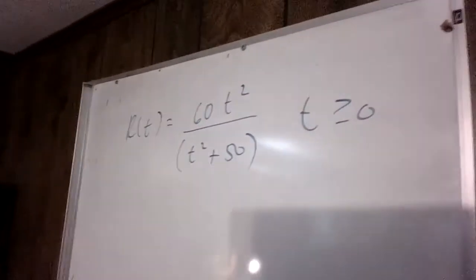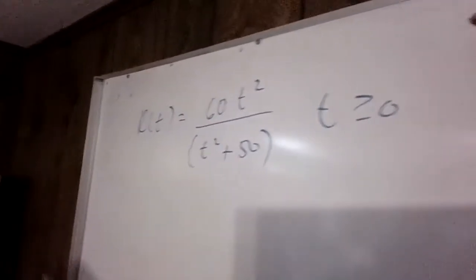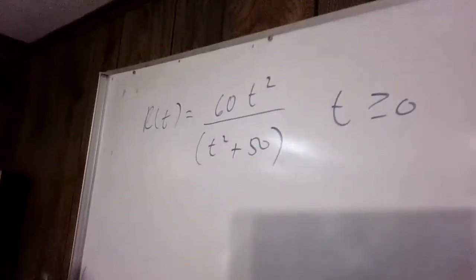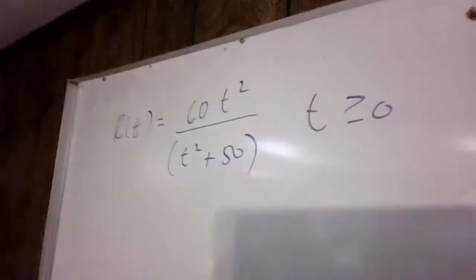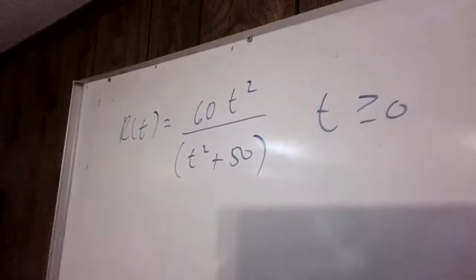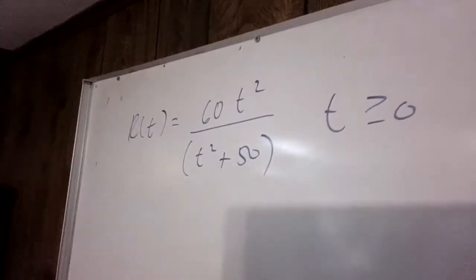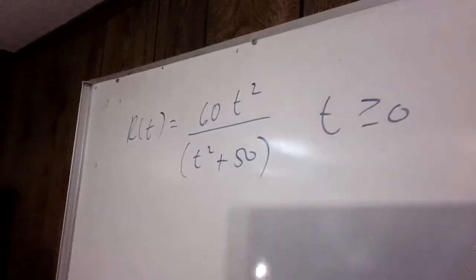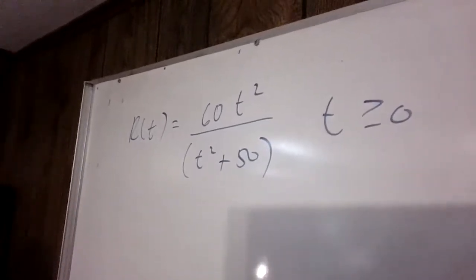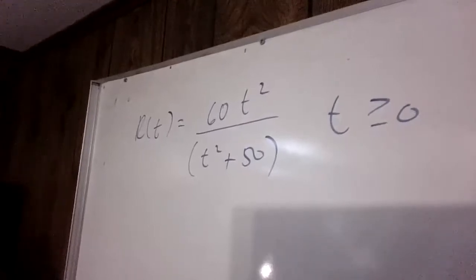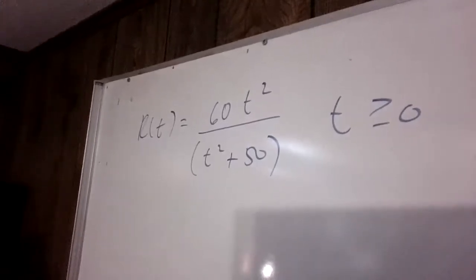Okay, let me see what I asked here. It's a very similar problem. And what I'm asking here is to find the critical points, and find if the critical points are at a max or min. Well, this is a quotient rule.